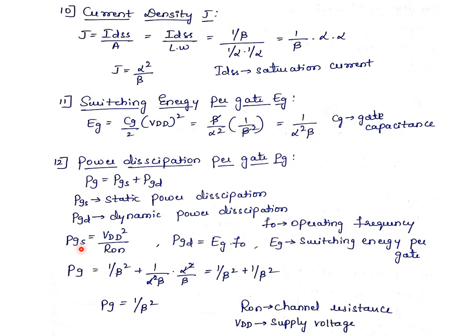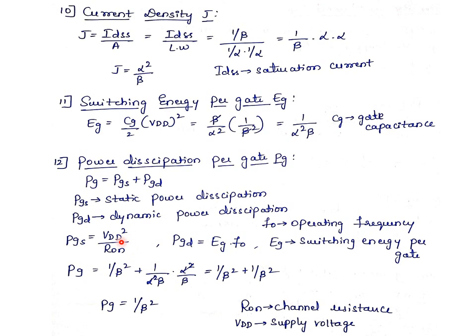For static we have VDD square by R on, and for dynamic power dissipation we have EG into F naught. If I substitute the values for this and add these factors, then I'll be getting my final scaling factor for power dissipation per gate.